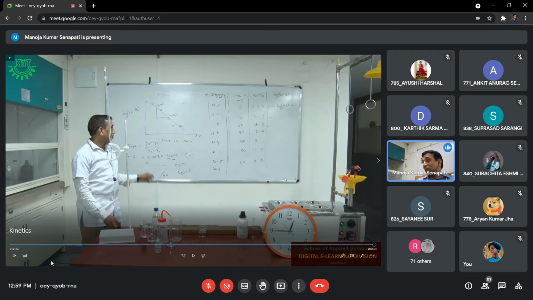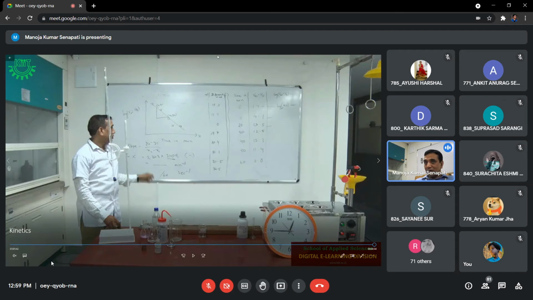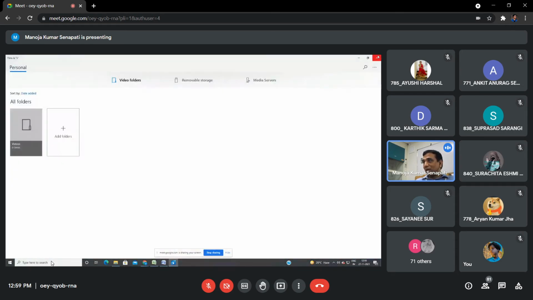Then you have to take the average. That is why we are plotting the points, drawing an average line, finding out the slope, and from the slope we are calculating the value of k. You do not have to do the calculation by mathematical method. You have to do it by the graphical method.